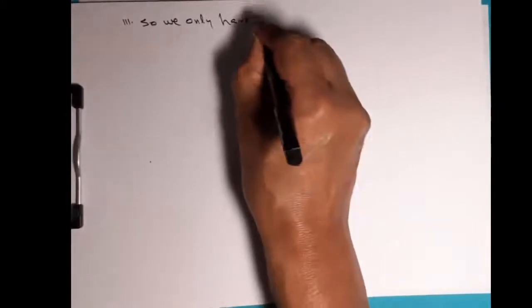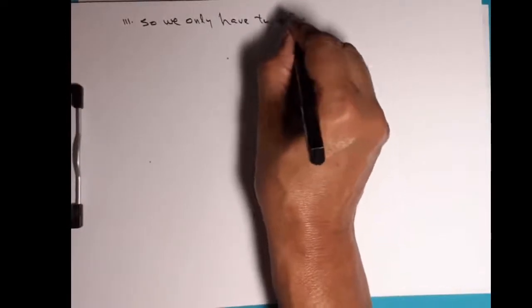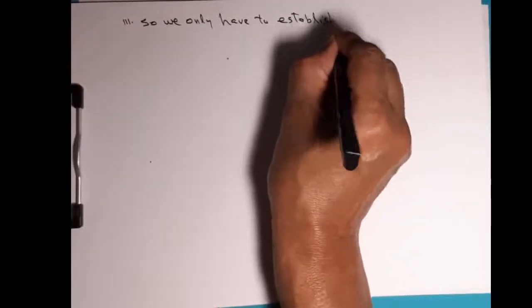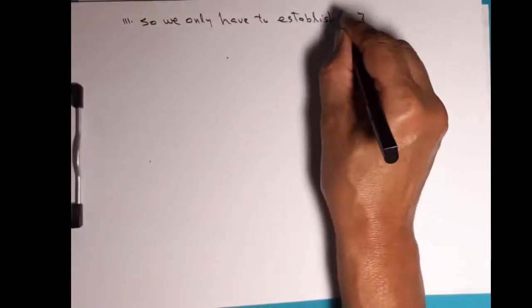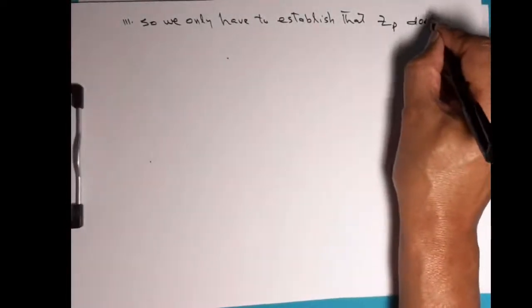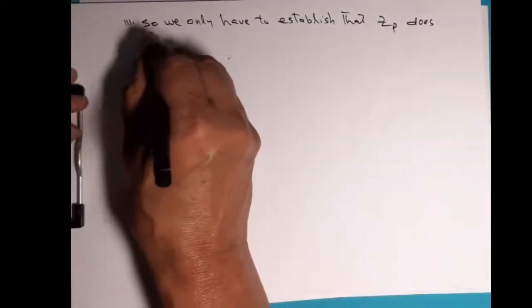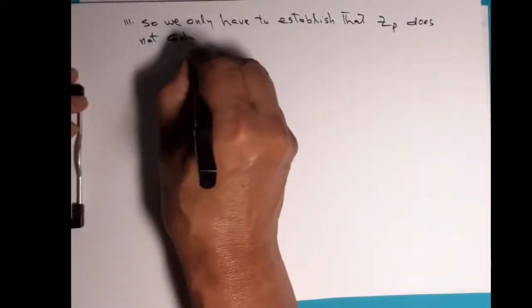So we only have to prove that Z_P does not contain zero divisors. We will only prove that Z_P does not contain zero divisors.